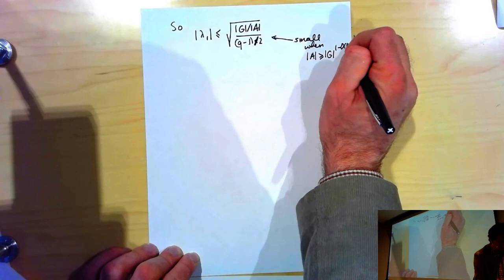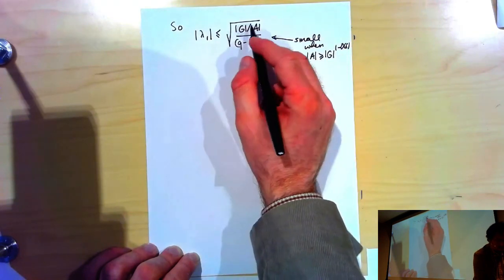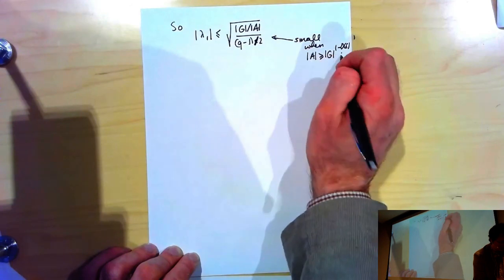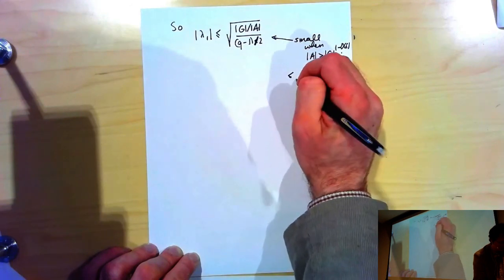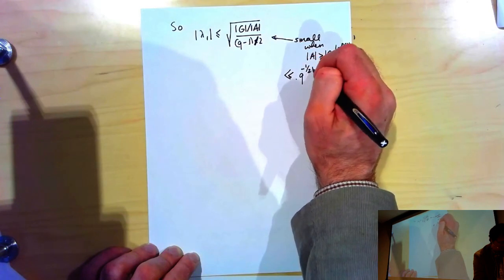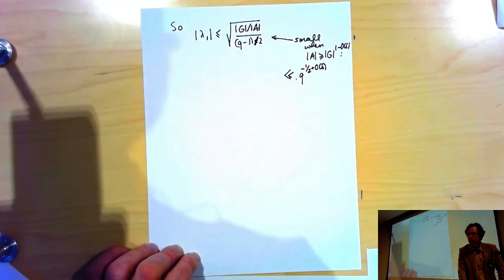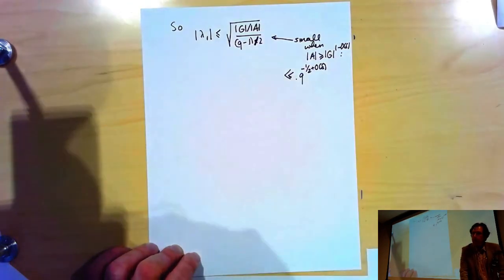You're going to have G to the O of delta, so q to the minus 1 over 2 plus O of delta. It's very small. But what does it mean, for lambda 1, and of course all these smaller eigenvalues are at most this?